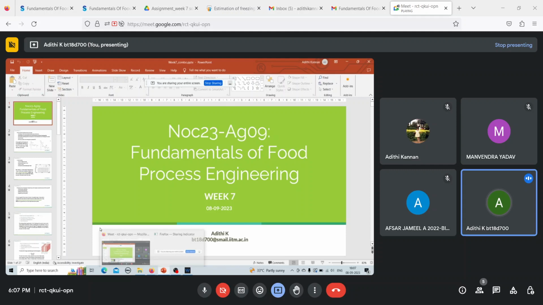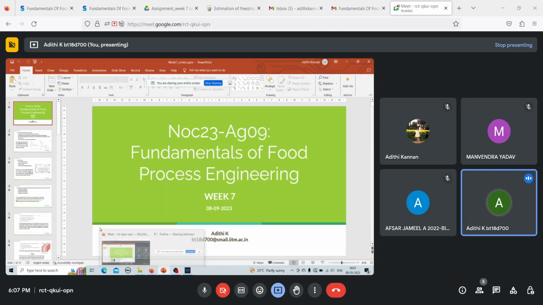The freezing point temperature, TF, is given as minus 1 degree Celsius. Density of the potato is given as 1180 kg per meter cube. As of now, we'll assume that the length is 5 centimeter. Later on, we'll calculate what happens if the length is reduced to 2.5 centimeter. The thermal conductivity is 2.5 watt per meter Kelvin, and the latent heat of crystallization is given as lambda equal to 274 kilojoule per kg.